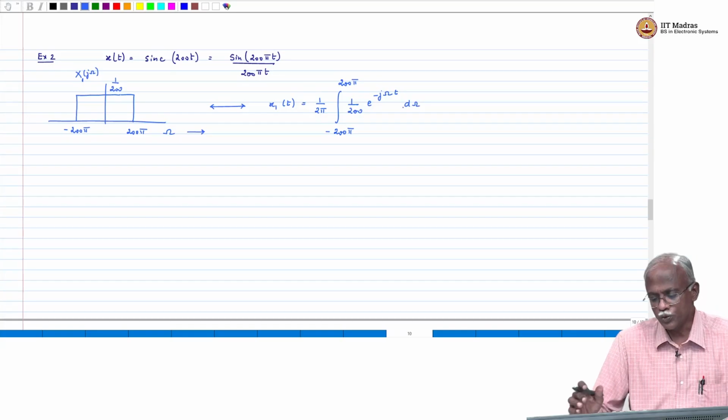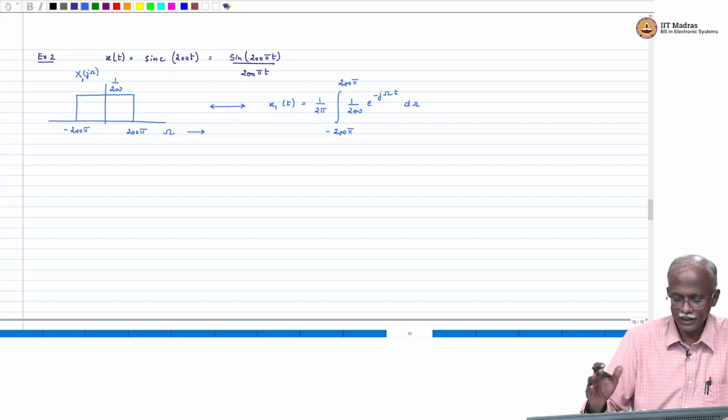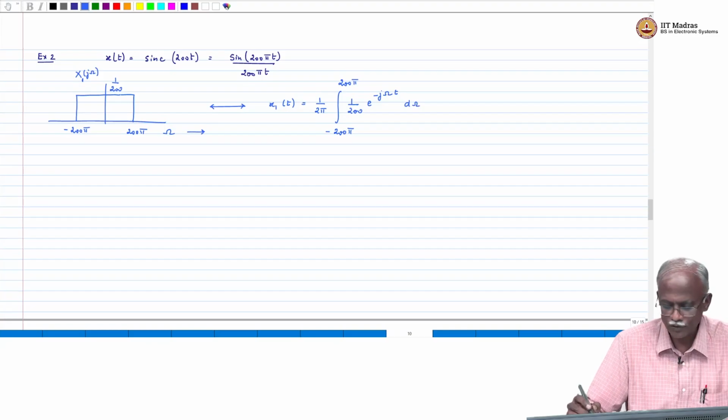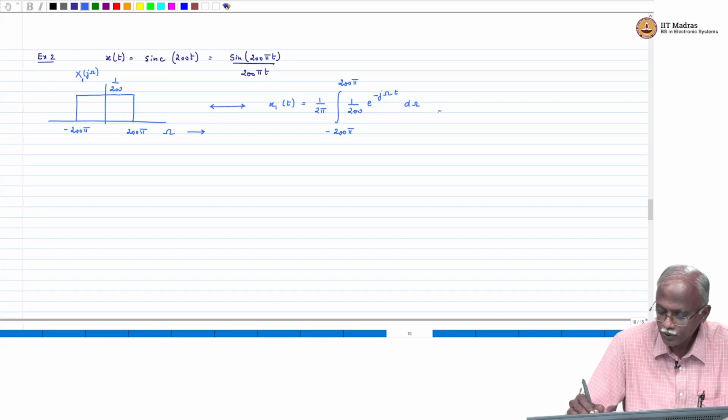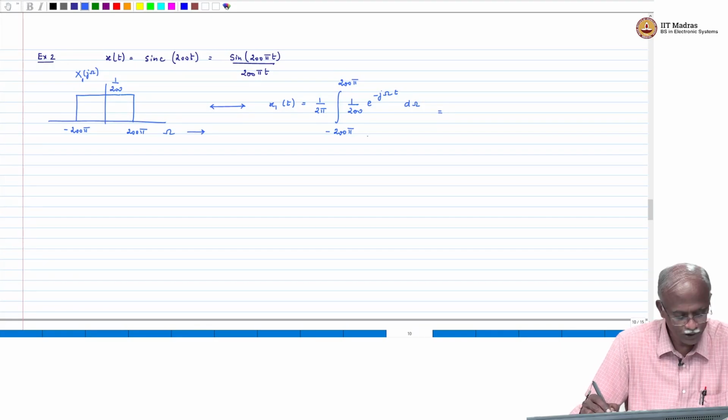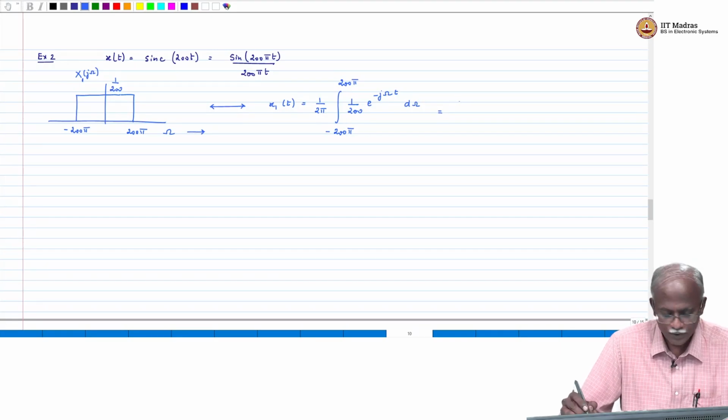This would be the representation for the inverse transform. If you go through and do the integral and substitute, you will get sine of 200 pi t divided by 200 pi t.